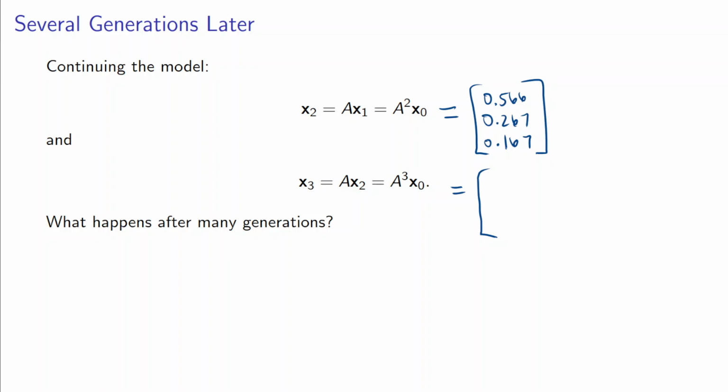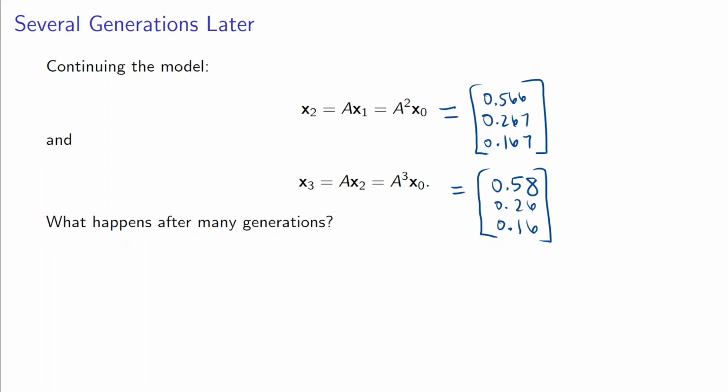If we wanted to go to the next generation, x3, that would be A x2 or A cubed x0, and that would be, starting to round here, approximately 0.58, 0.26, and 0.16, and these are just approximations at this point.